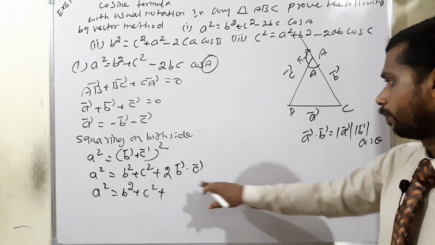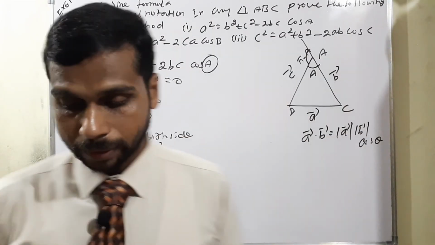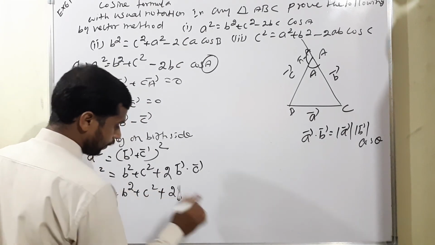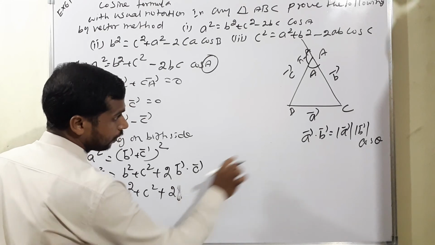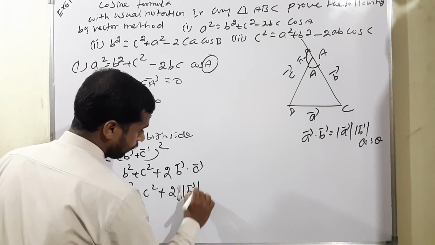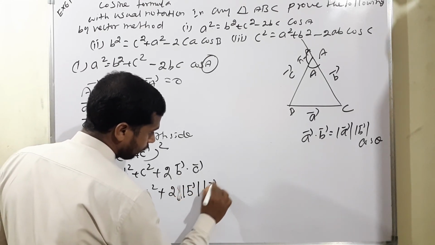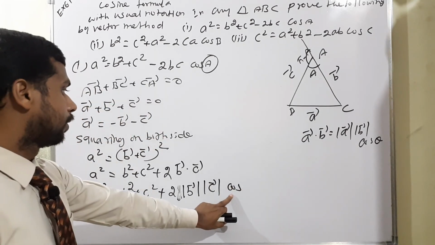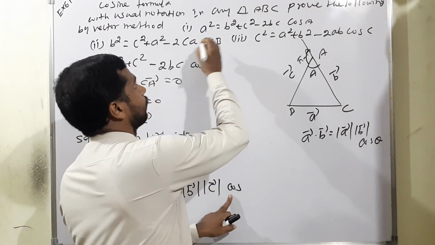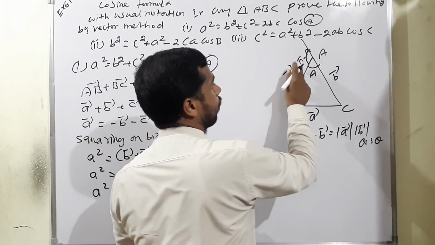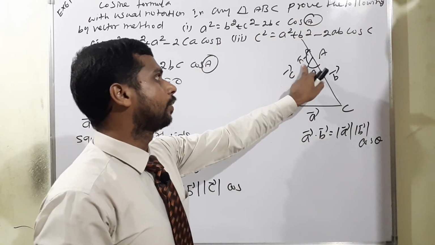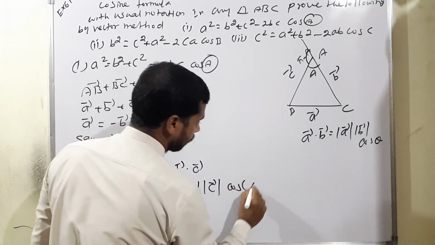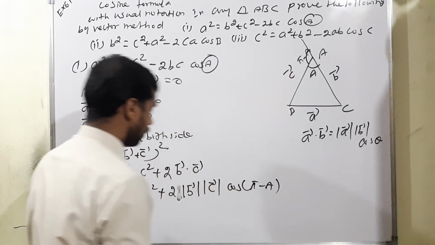So instead of B vector dot C vector, 2 into modulus of B vector into modulus of C vector into cos theta. Here theta is the angle we considered for cos A, the exterior of the triangle at A, what is the value? Pi minus A, isn't it? Therefore we can write cos of pi minus A.